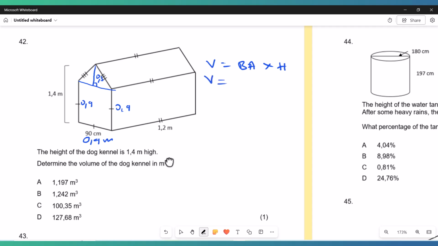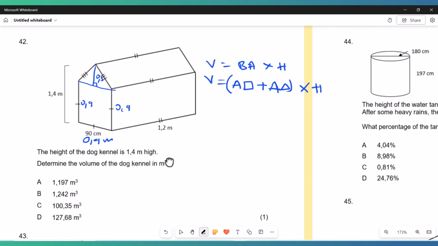Base area times height. Now in this particular case, if I invert this dog kennel and put this one as my base, I'm going to have the height as 1.2. Now this one being the base, its area is going to be the area for the square plus the area for the triangle, and then times the height.